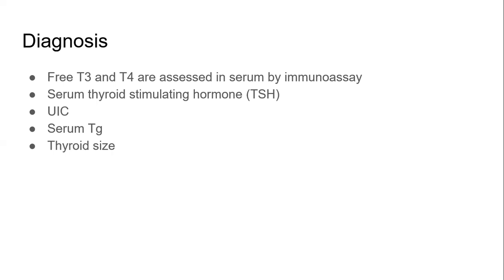The urinary iodine concentration gives a current status of iodine deficiency. It tells you if the iodine deficiency started just a few days ago. But serum thyroglobulin and the size of the thyroid would tell you more of the long term. But the most reliable one is actually urinary iodine concentration.